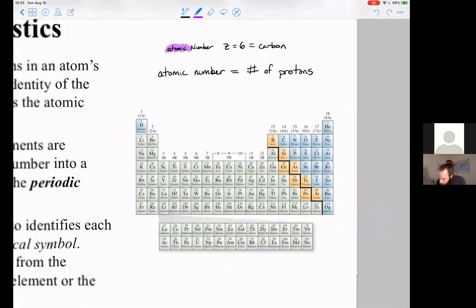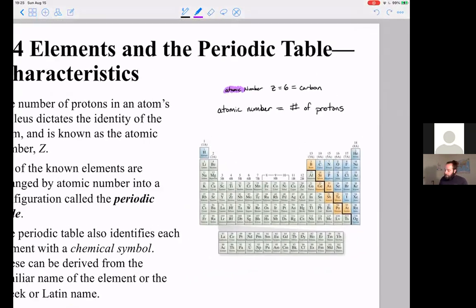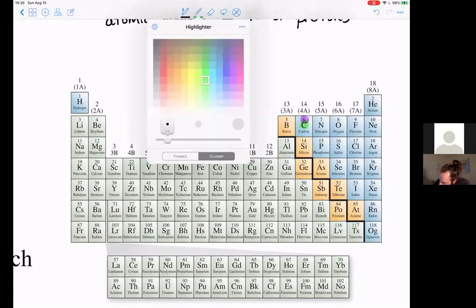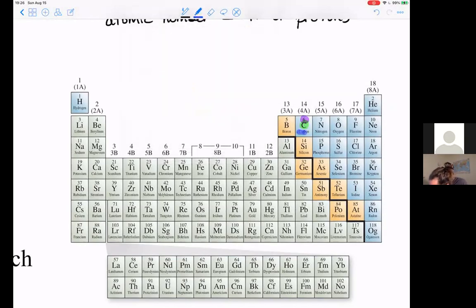Okay. The other thing that we'll notice about this periodic table is that we covered atomic number, right? The other thing to notice is that they have what's called the atomic symbol, which in the case of carbon is C, and then of course the name of that element here, carbon, right?